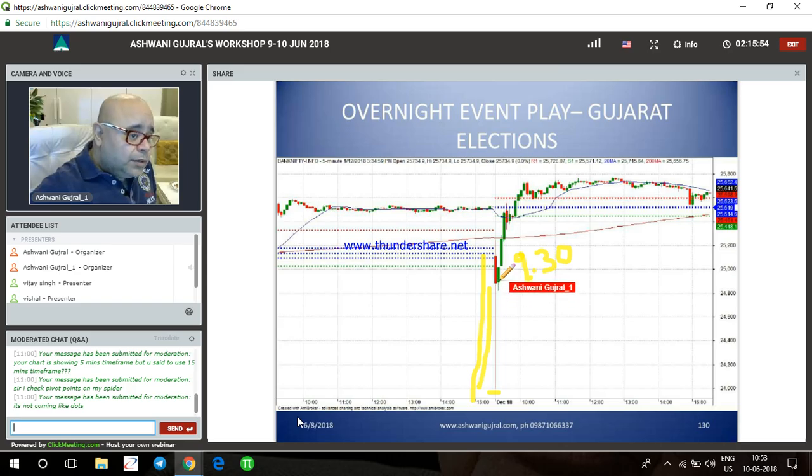Again went down, again restarted. So even if you bought here, this is 25,200, this is 25,800. So the market told you that it believed BJP had won. But this bar told you do not go short.